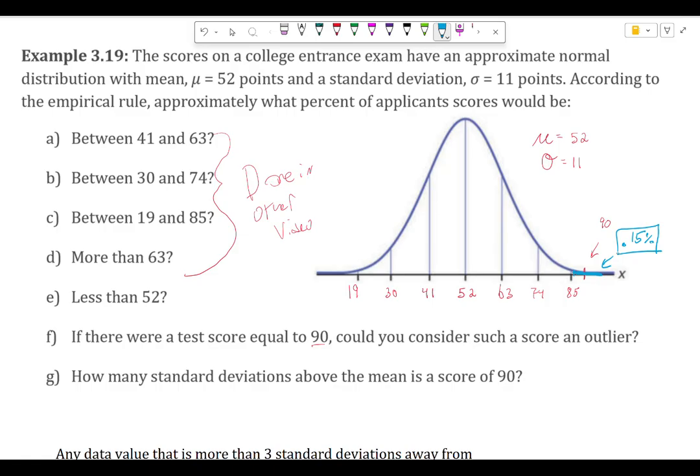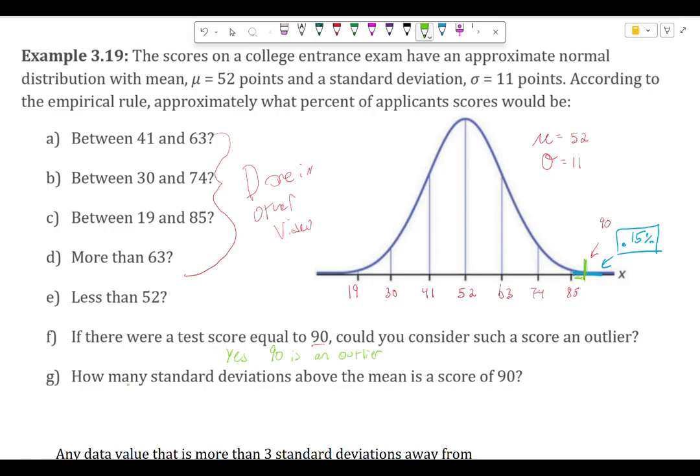This score of 90 is even higher than some of this 0.15%, so it is quite uncommon in this distribution. I would say yes, we can consider this score an outlier. Yes, 90 is an outlier.